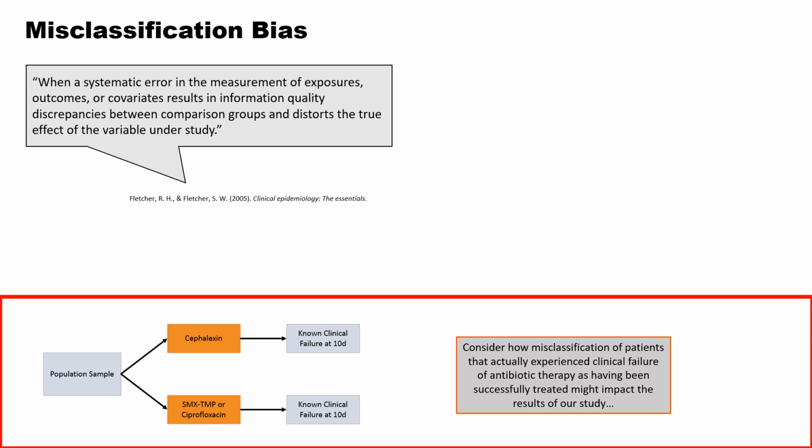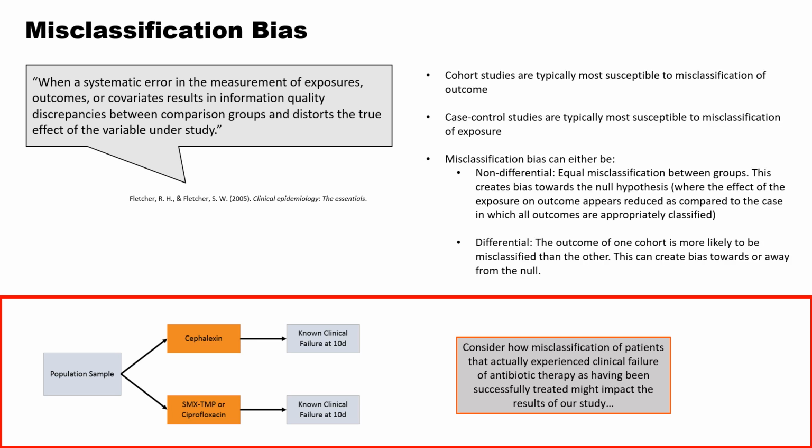And so this is going to impact the results of our study in several ways. One, it's going to reduce the outcome rate in each of our groups, and two, it's going to make it much more difficult to detect any difference between groups, much less a true difference between groups.